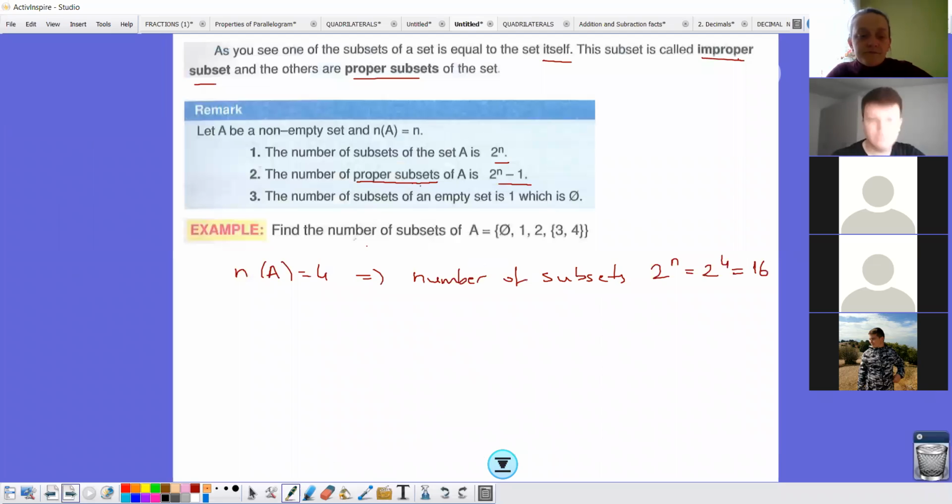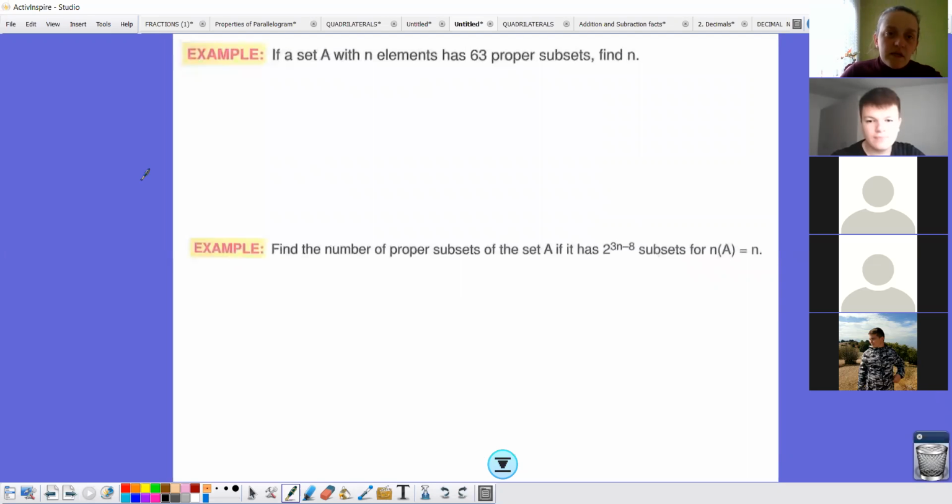Okay. Now let's see some different examples. Here, if a set A with n elements has 63 proper subsets, find n. The number of proper subsets is given. We need to find the number of elements of the set. So what is the formula for proper subsets? 2 to the power of n minus 1.